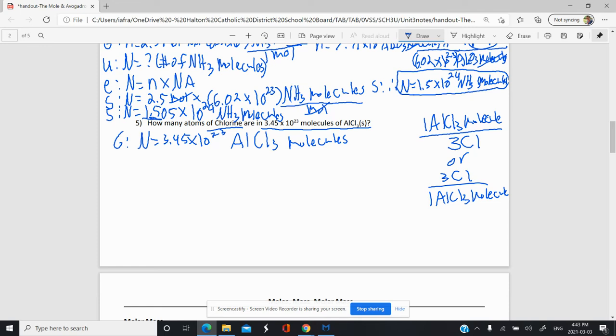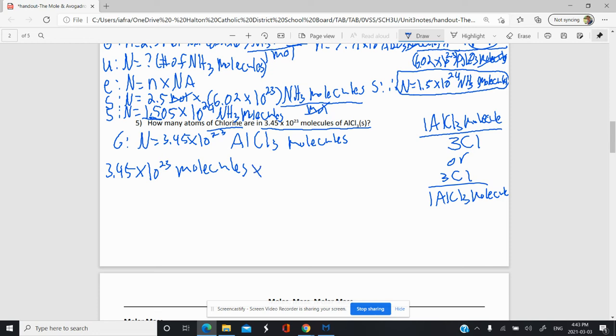And so what we're going to do is use our conversion factor method, because there's no real formula for this. It's just about using conversion factors. So really, I want to go from number of molecules to amount of Cl. So what I'm going to do here, I'm going to show my work, is I'm going to write 3.45 times 10 to the power of 23 molecules.